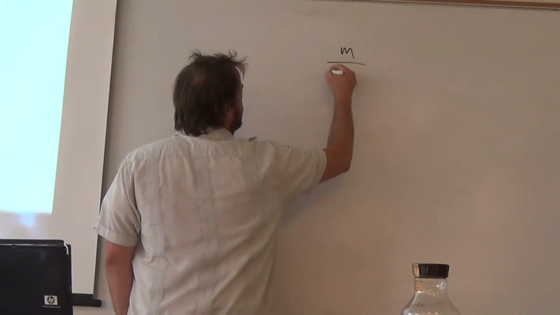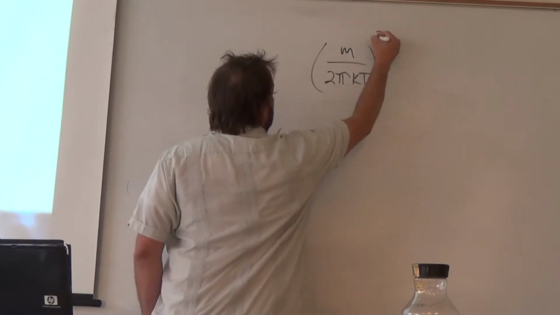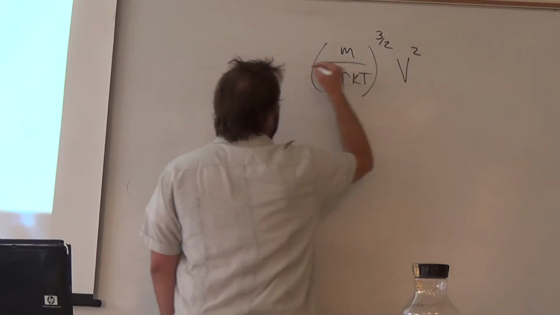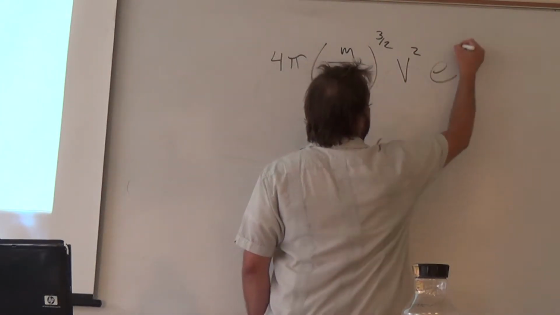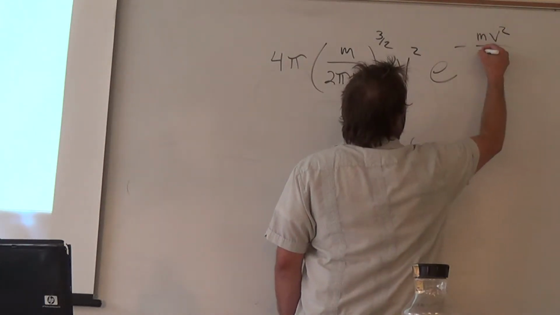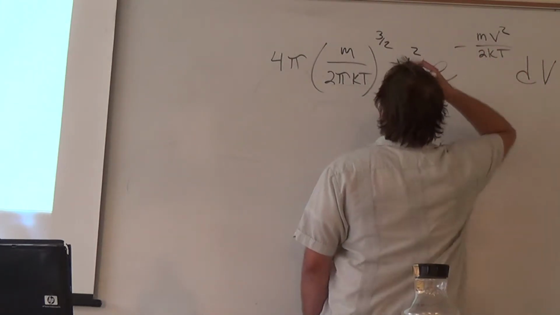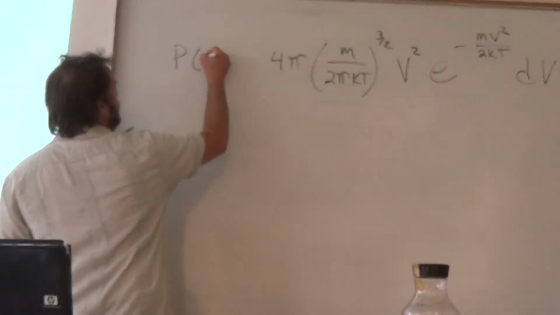It's m over 2 pi kT to the 3/2, times 4 pi v squared, e to the negative m v squared over 2kT, dv, right? And so that is P of v, the probability of having some speed v, equal to this.